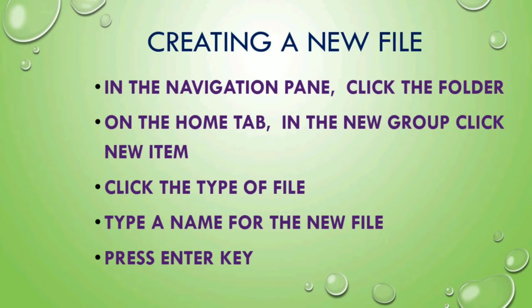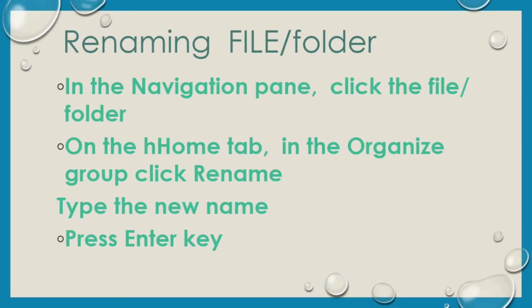We get a list of various file types, and from it we select the required type of file and type a name for the file, and the file is created. If you want to take a Word file, you click on the Word file icon. We create that Word file. Is it clear?